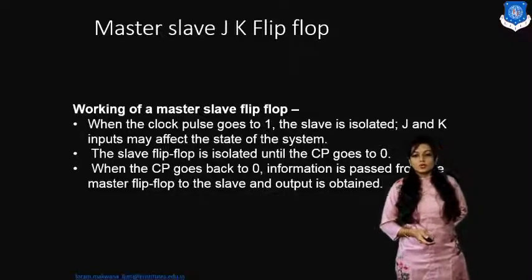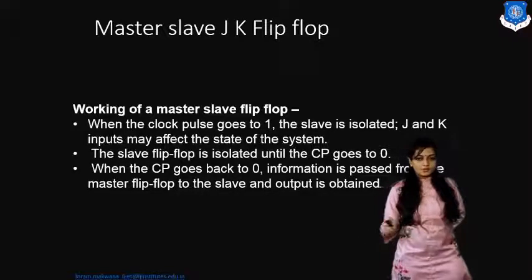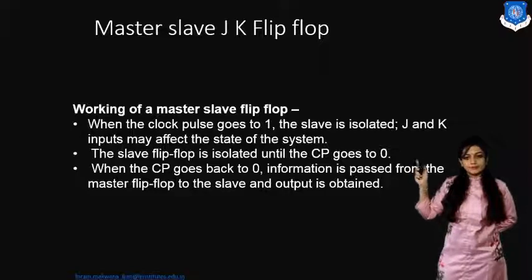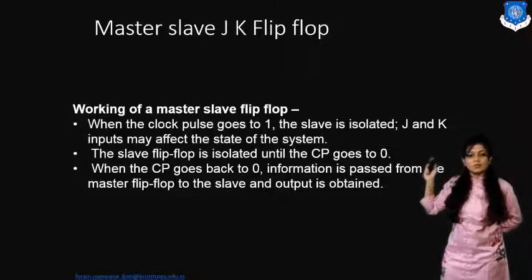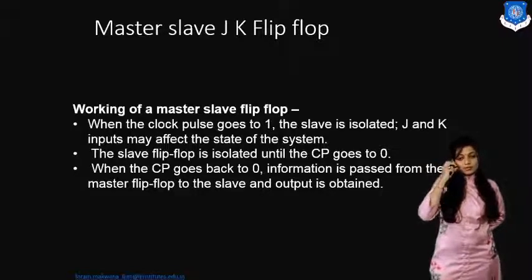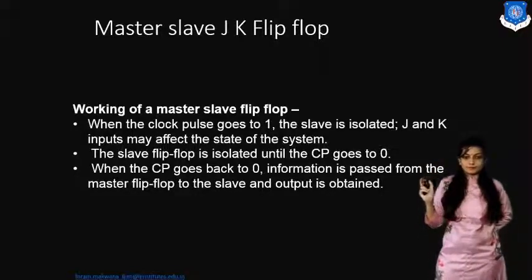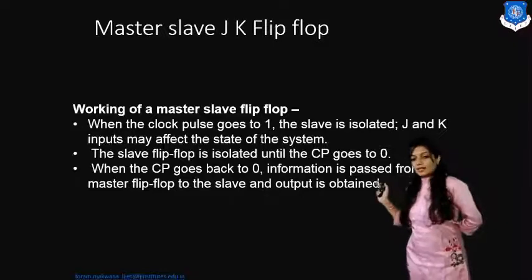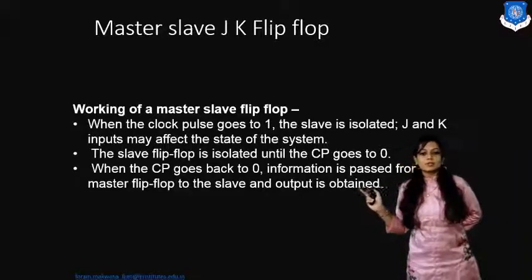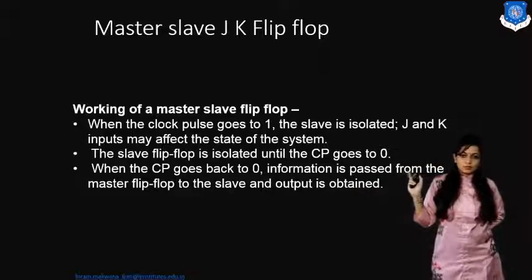Now, as I have told you the working, when the clock pulse is equal to 1, the slave is isolated. J and K inputs may change, and it may affect the output with whatever the state of J and K. The slave at that time is isolated until the clock pulse becomes 0.